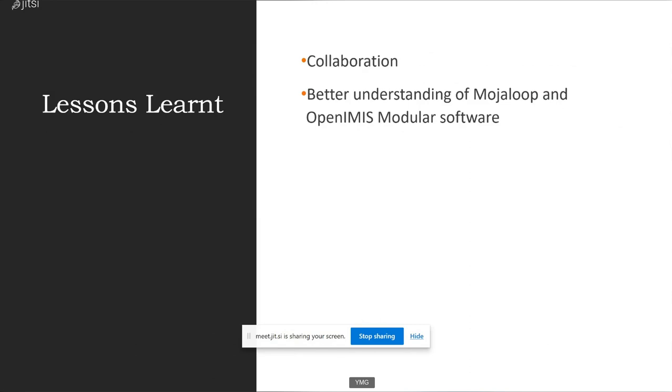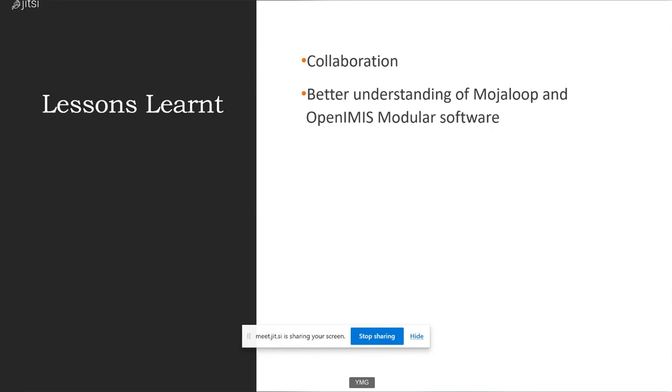We also understand the openIMIS modular software better, because our initial implementation was done with the legacy application, and this work gave us more insight into the intricacies of the modular platform. Currently, we are porting our cash disbursement software from the legacy approach to the modular approach.